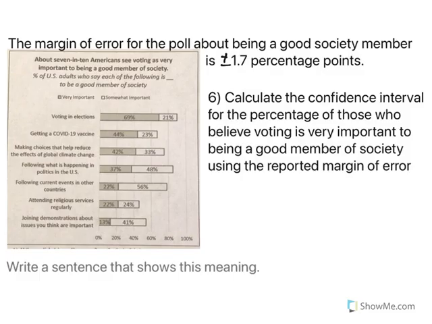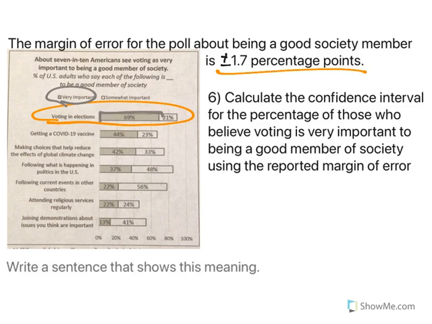So let's look at this. The margin of error for the poll you see in this table, about being a good society member, is plus or minus 1.7 percentage points. Calculate the confidence interval for the percentage of those who believe voting is very important to being a good member of society, using the reported margin of error. Very important is the dark part, the first piece here, and that says 69%.